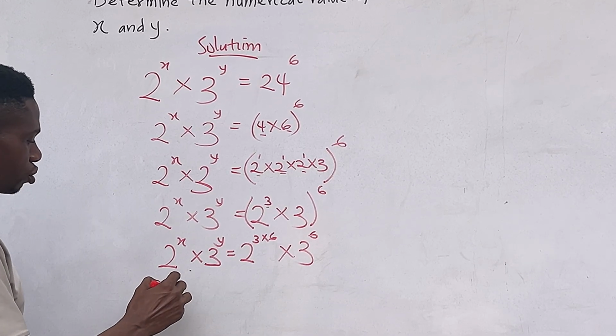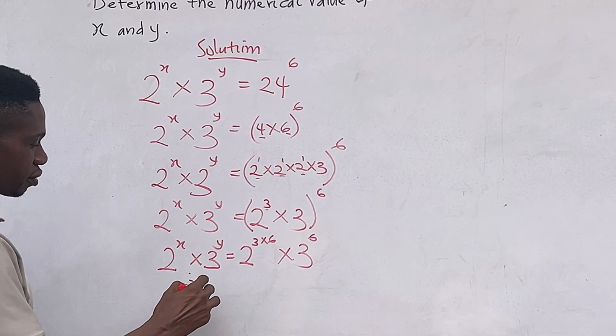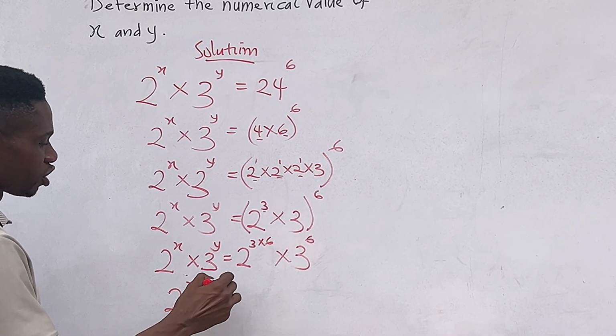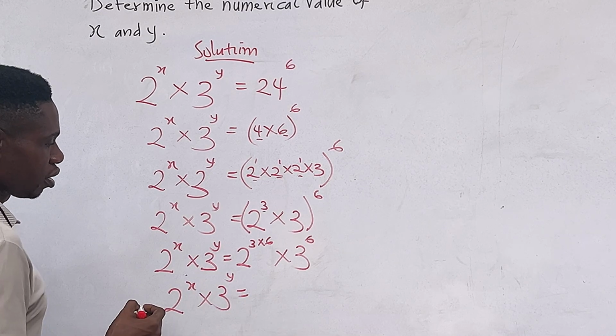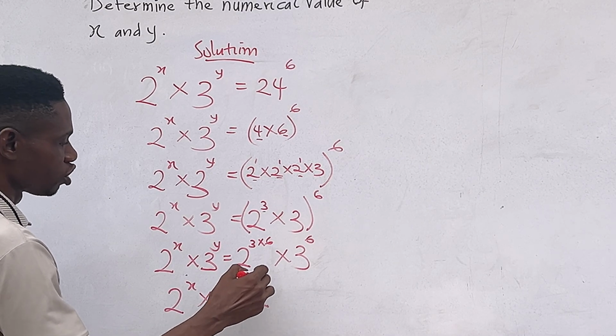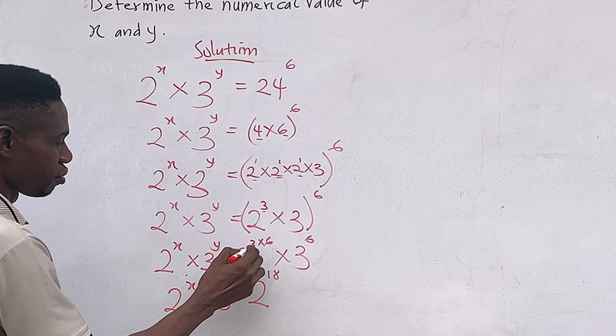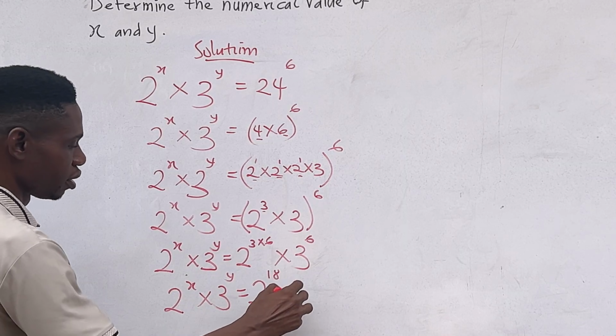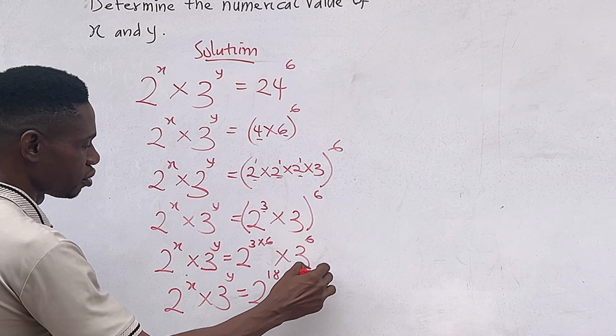Now this will give us 2 raised to the power x multiplied by 3 raised to the power y equal to 2 raised to the power 18, 3 multiplied by 6 is 18, times 3 raised to the power 6.